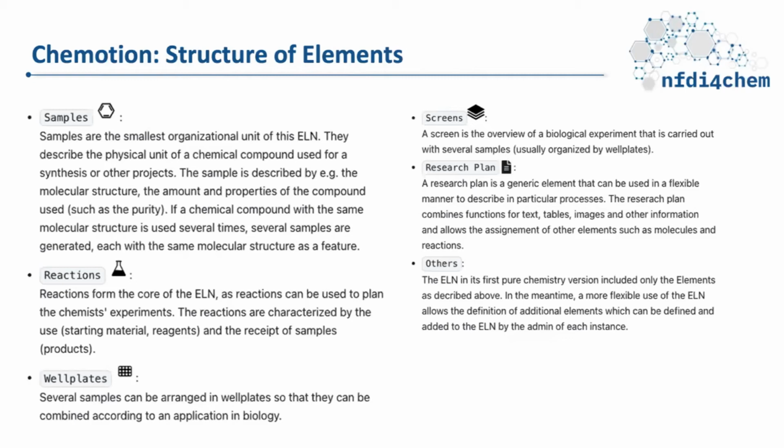And then you have well plates, where several samples can be arranged in the form of a well plate, and then combined with metadata related to the application within biology. Then you have screens. A screen is more of an overview of the biological experiment with several samples, usually organized in the form of well plates.